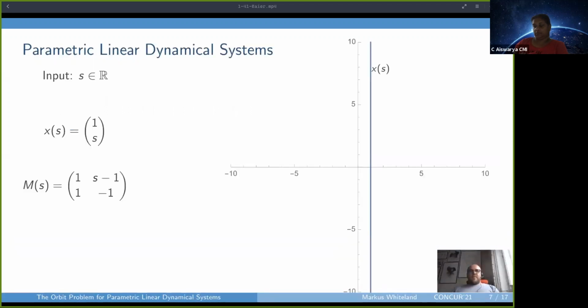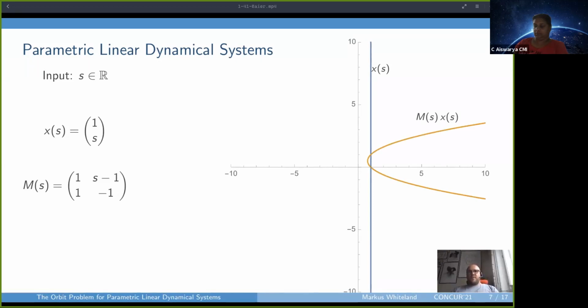For a geometric view on the problem, consider the following setup. We have one variable s which can be taken to be any real number. We have the initial vector x which depends on s, and we have the update matrix again depending on s, as seen here. In the picture we have a part of the range of the initial vector. It is the vertical blue line. Mapping x by m, we get part of the range of the second point in the system.